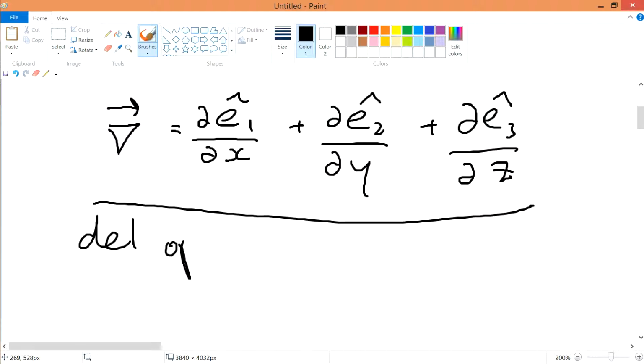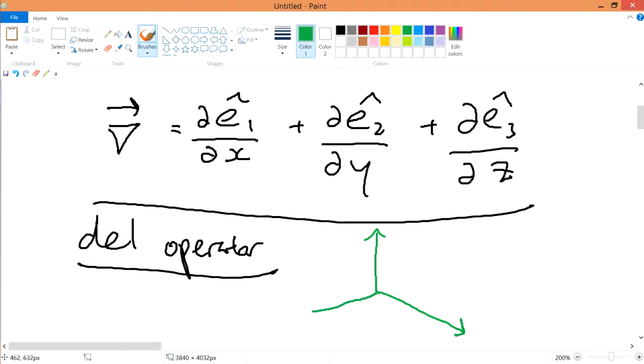And you will soon see that the del operator is used throughout the divergence, the curl, and the gradient of the vector field. Okay, my definition of the del operator, as you can see, if you were to look into the typical drawings, if I have a direction space, I have a certain space, and I have, maybe I shouldn't write in green color because I always represent my basis vector as green.